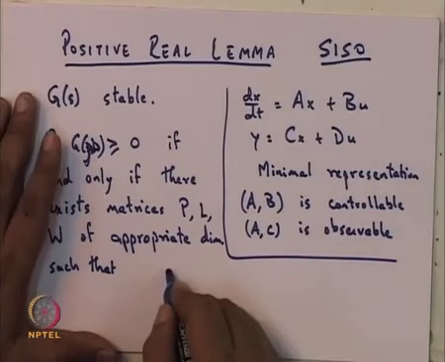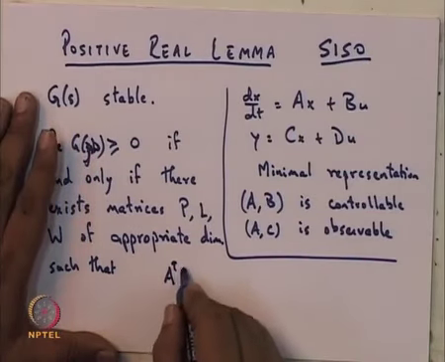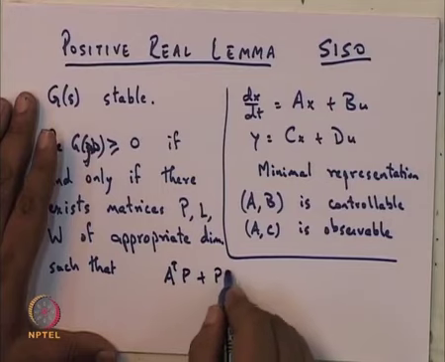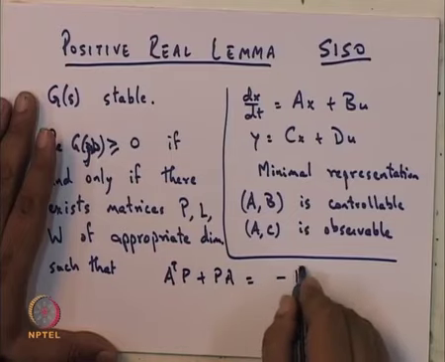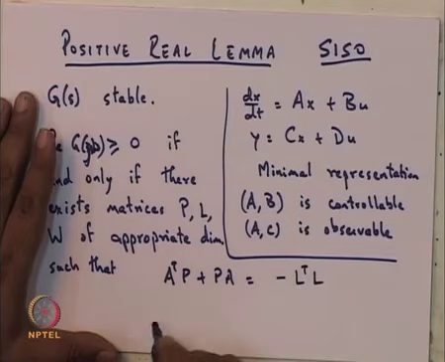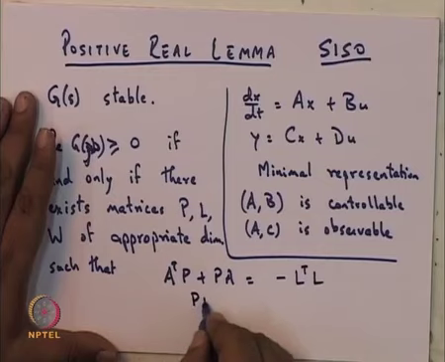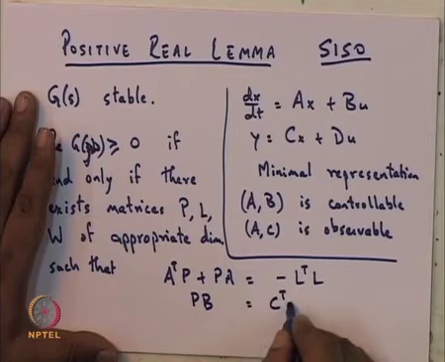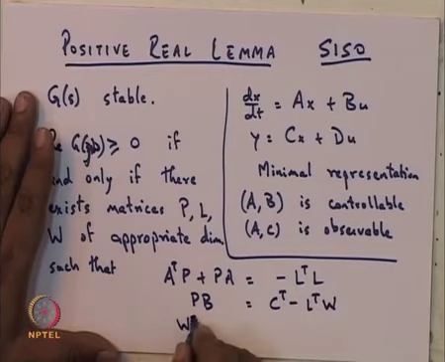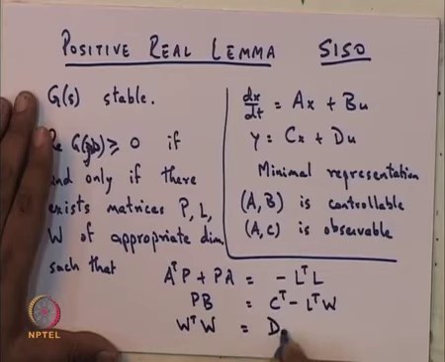And the three equations are A transpose P plus P A is equal to minus L transpose L, P times B is equal to C transpose minus L transpose W, and W transpose W is equal to D plus D transpose.